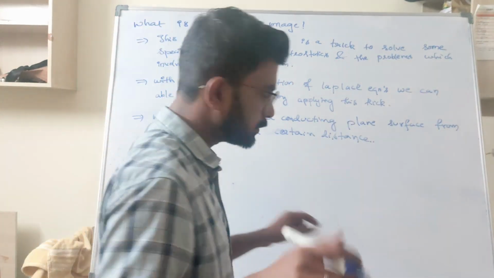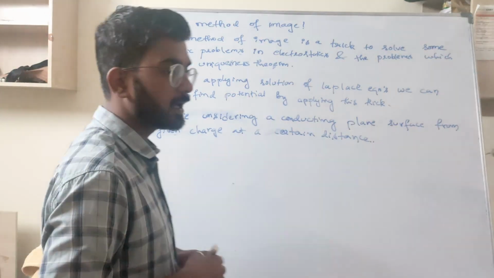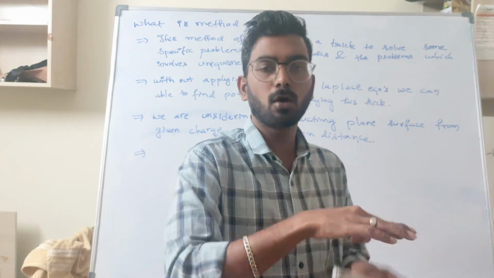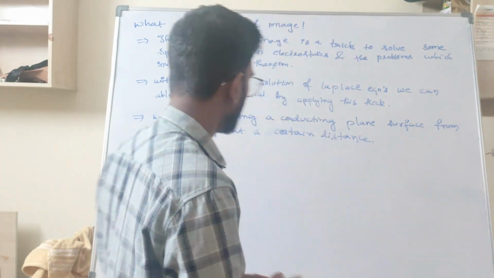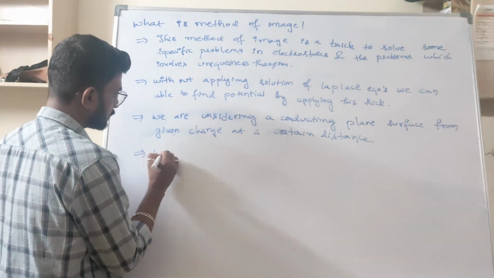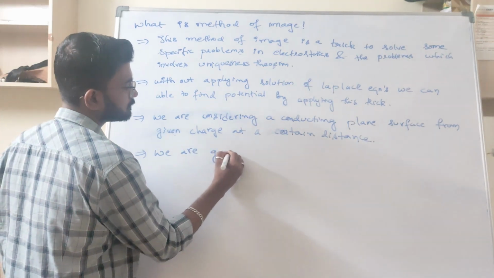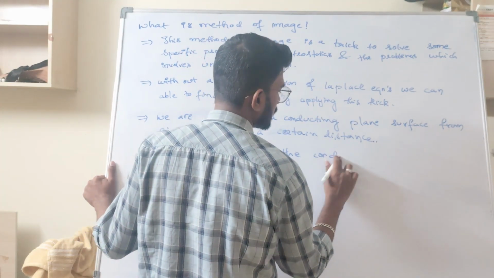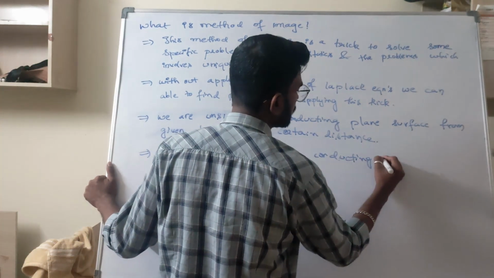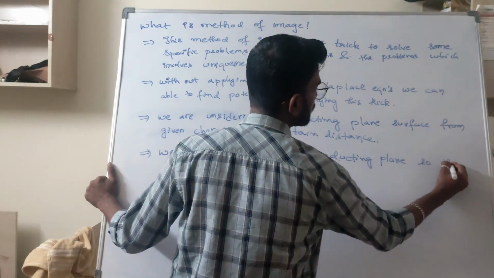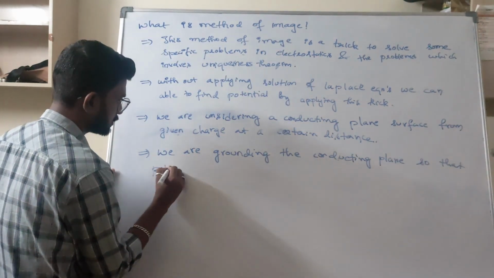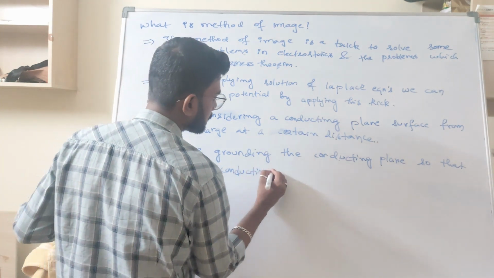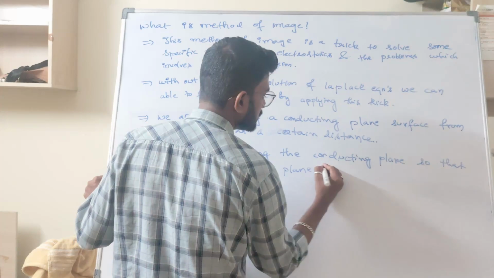You are assuming the charge, you are assuming the plane, and you are grounding that plane. The conducting plane is made to have potential equal to 0, so the potential on the conducting plane is 0.